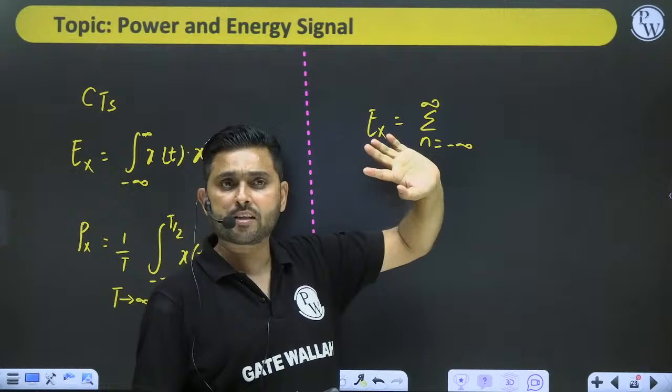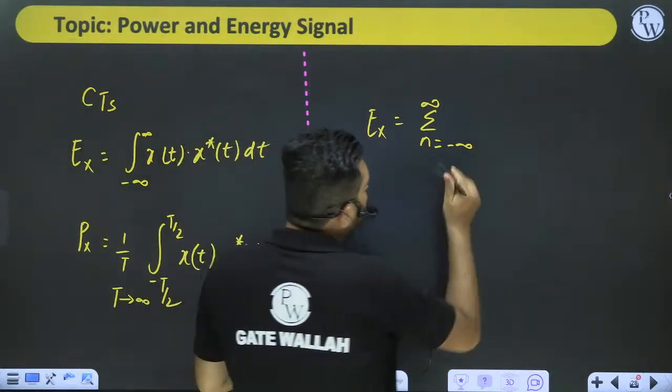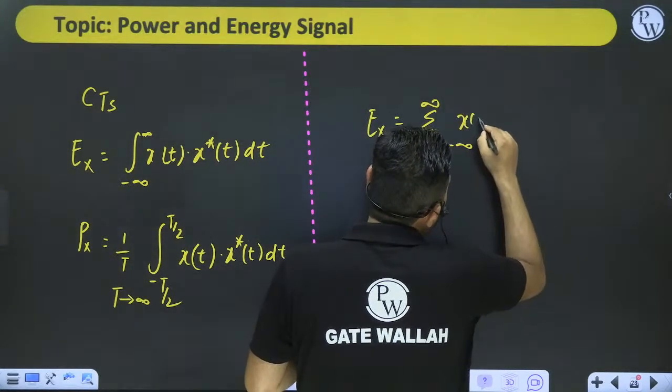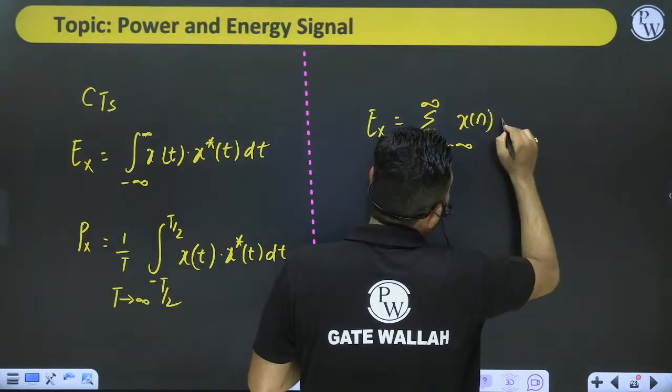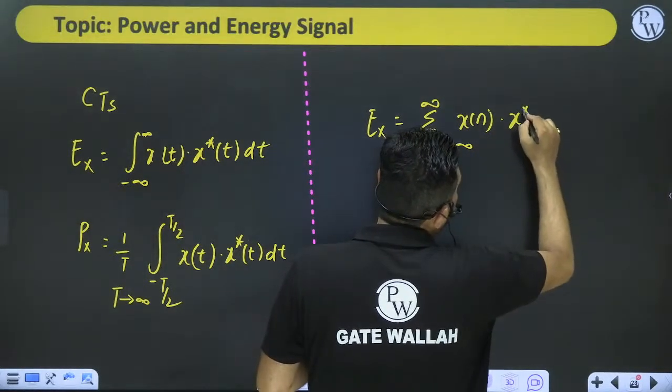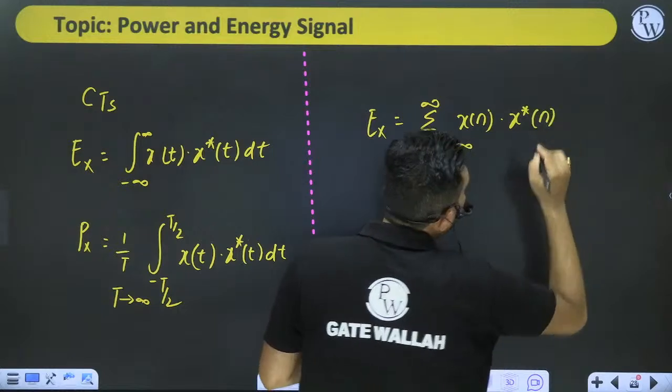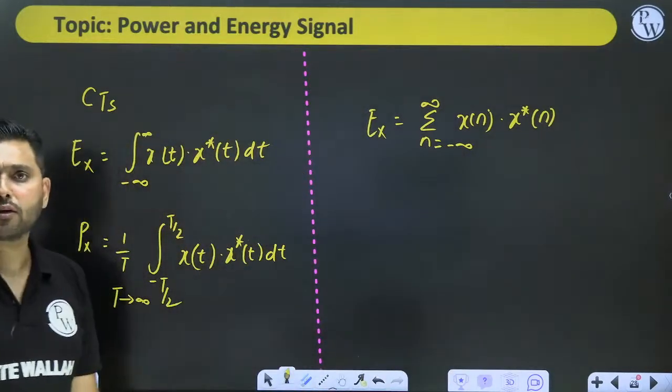I told you in the very first class. So it is x[n] into x conjugate [n].